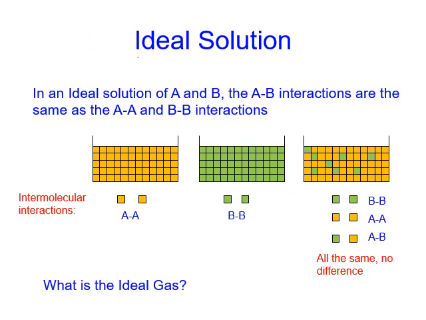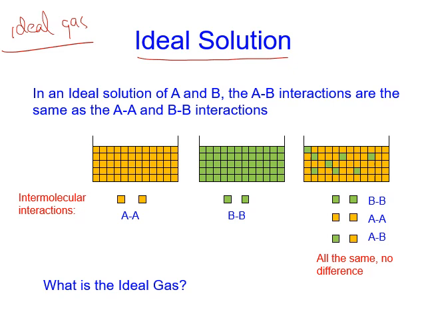What is an ideal solution? Let's compare with an ideal gas. In an ideal gas, there's no intermolecular interaction, only dots moving randomly in all directions. Real gases do have intermolecular interaction, and the consequence is they form a liquid and eventually a solid. So the fact that molecules form liquid is evidence of intermolecular interaction.